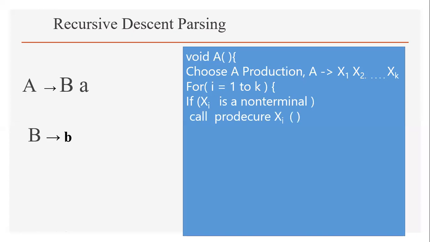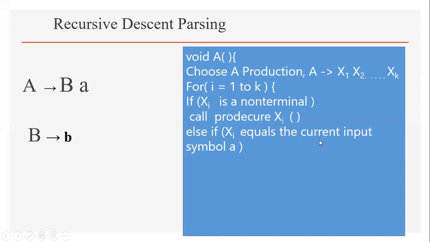For each non-terminal we are writing a procedure, so you have to call the procedure B. Else, if X is equal to the current input symbol, where you want to match that token with this grammar, then it is not a non-terminal, it is a terminal equal to the current input symbol.